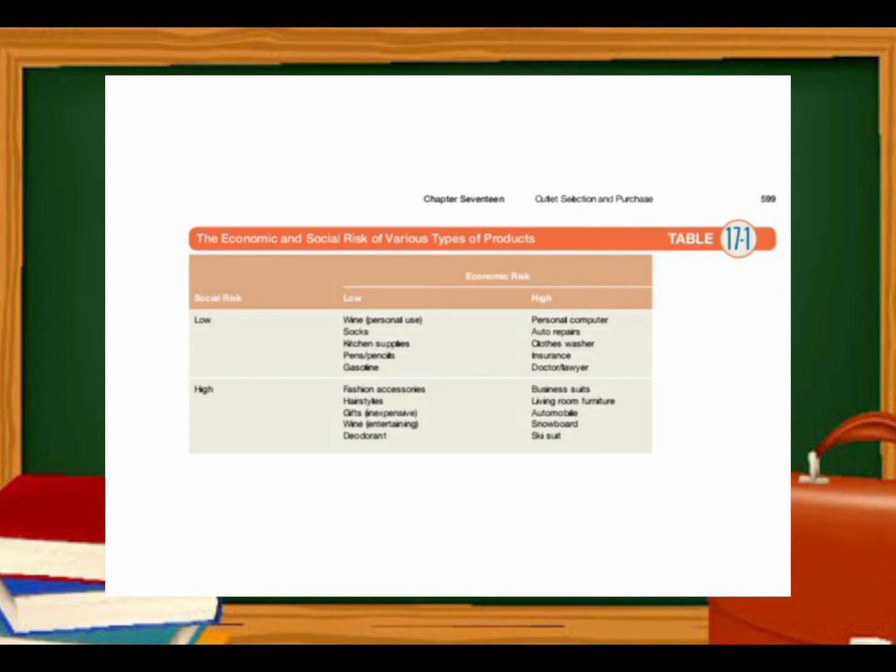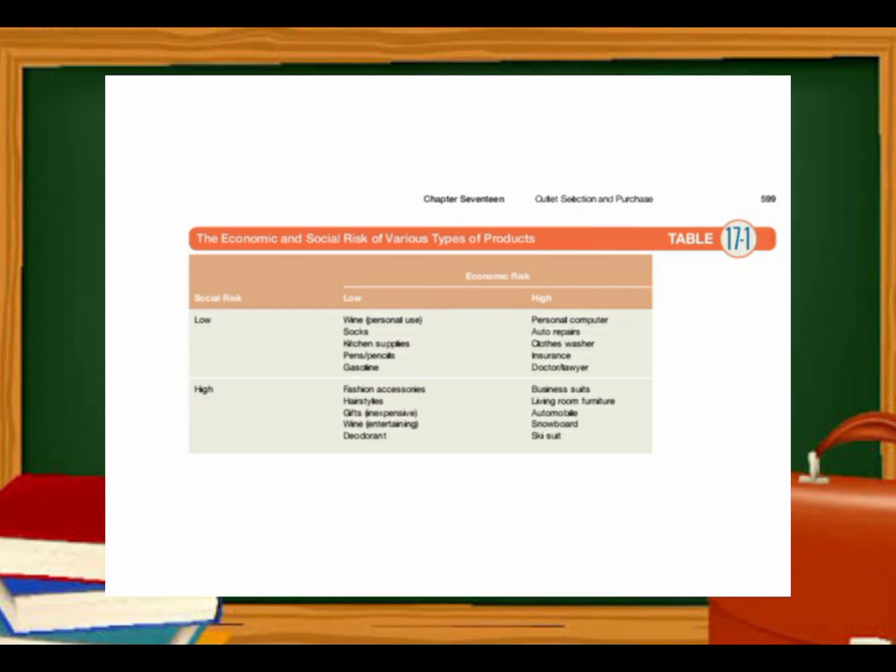The perception of this risk differs among consumers, depending in part on their past experiences and lifestyles. For this reason, perceived risk is considered a consumer characteristic as well as a product characteristic. For example, while many individuals would feel no social risk associated with the brand of car owned, others would.